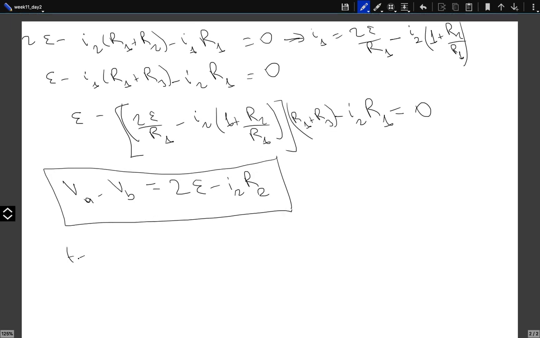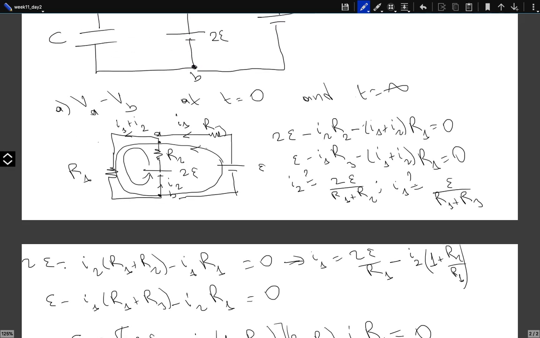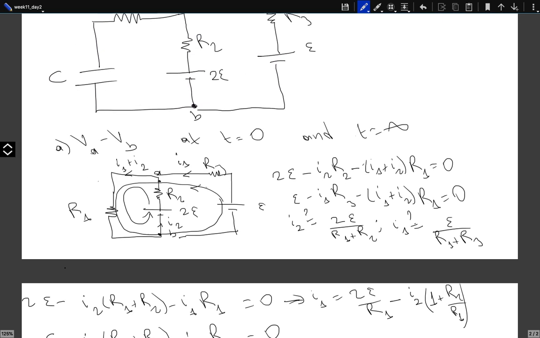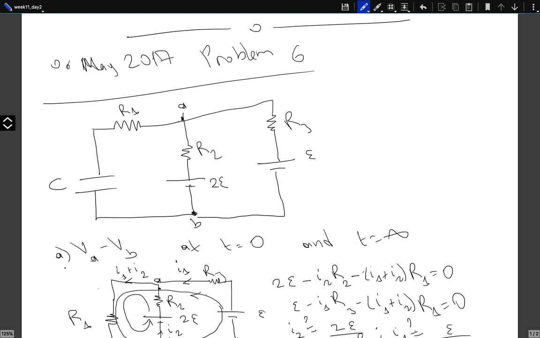Now let's look at what happens at t equal to infinity. Now this was our initial circuit. At t equal to infinity, there is no current running through here. Just ignore it. So we only have these two.